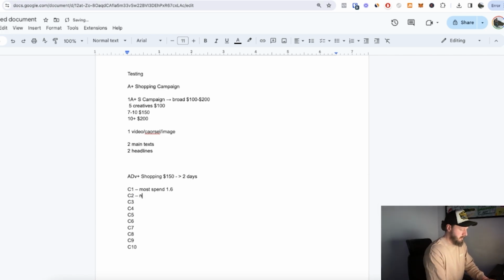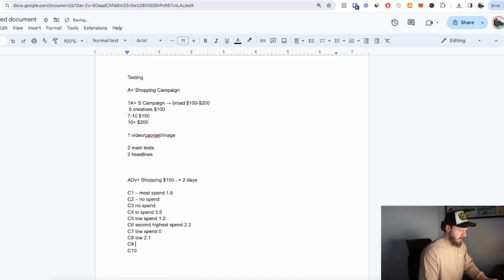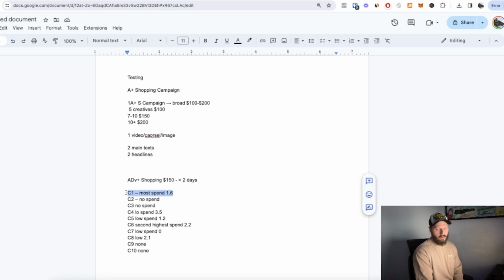Let's say the next has no spend, then low spend with a ROAS of 3.5, low spend 1.2, second highest spend with a 2.2 ROAS, then low spend 0, just hasn't got any data, low 2.1, and then none. Some situation like that. As you can see, this one's getting the most spend. And you might think, oh, I gotta turn it off, it's only 1.6 ROAS, that's crap.